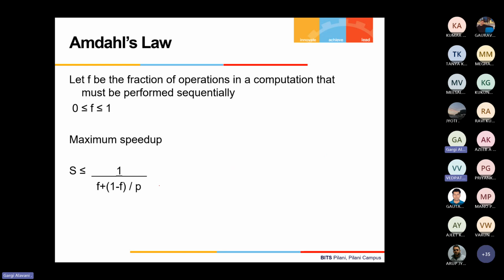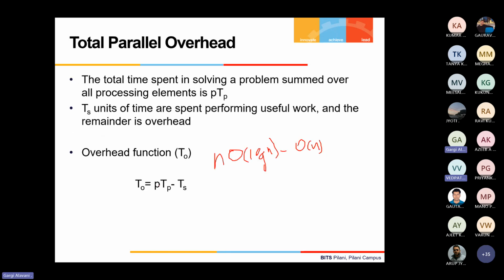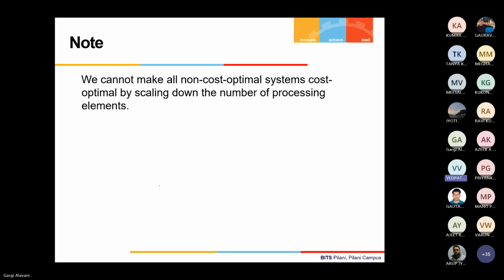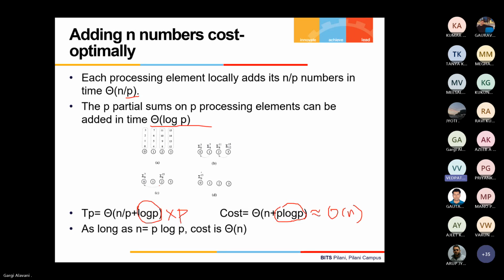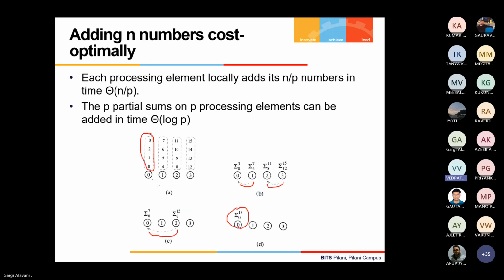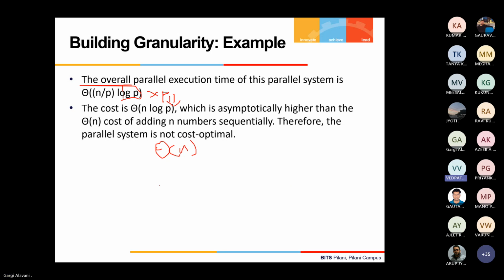Sorry to interrupt. There is one word used as part of earlier slides: asymptotically. Even earlier, I think there was a mention of the word asymptotic. The cost is theta n log p, which is asymptotically higher than theta of n, the cost of adding n numbers sequentially.